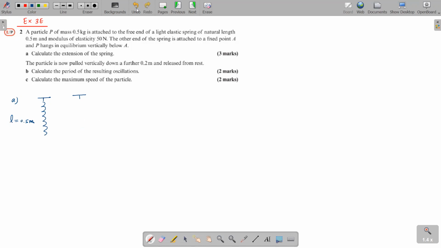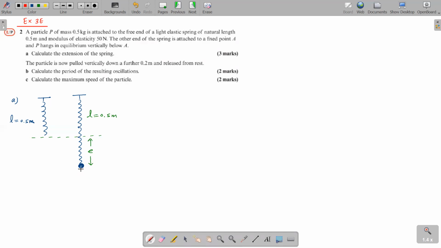The moment you hang the mass, there will be an extension in the spring. So this is the natural length, and this is E. E is the distance the spring extends due to the weight of the object.